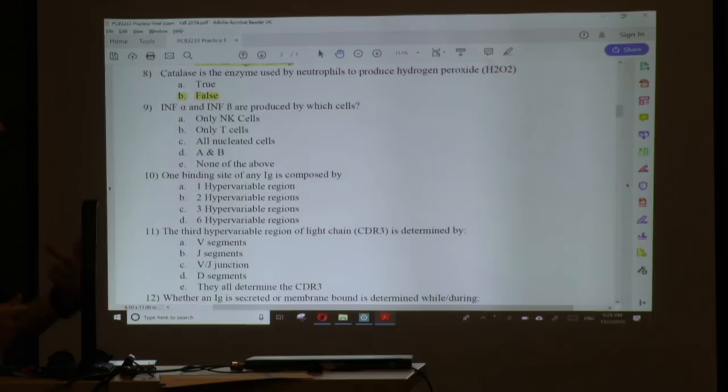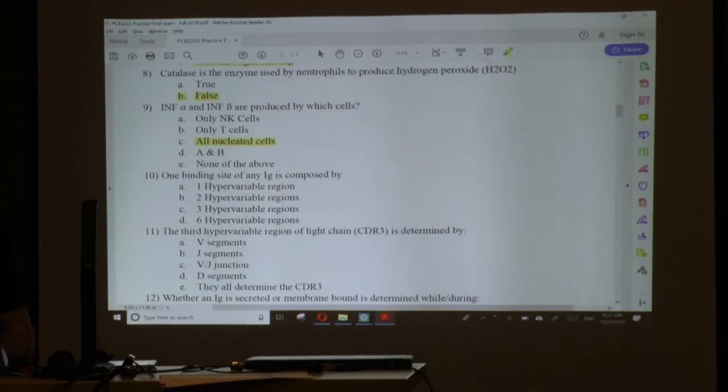But the question is, which cells make interferon alpha and beta? You had two classes. Class 1 is interferon alpha and beta. Class 2 is interferon gamma. Does anybody remember this? No? Okay, it's fine. I'll tell you. Interferon alpha and beta are made by all nucleated cells. Whereas interferon gamma, which is class 2, is made by NK cells. All right?